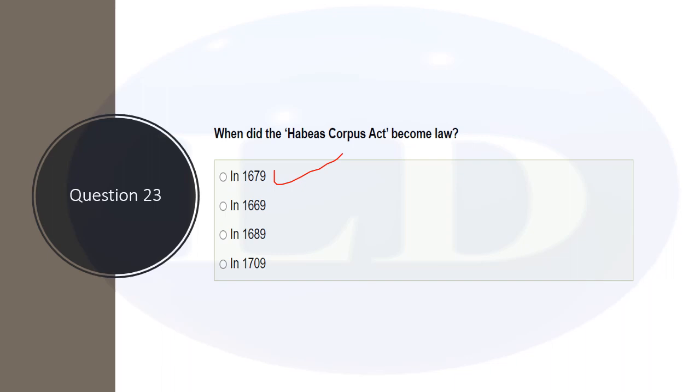So the judge would listen to both parties before he or she decides anything. That is extremely important, and that was one of the laws which set foundations for individual liberty and human rights in this country.